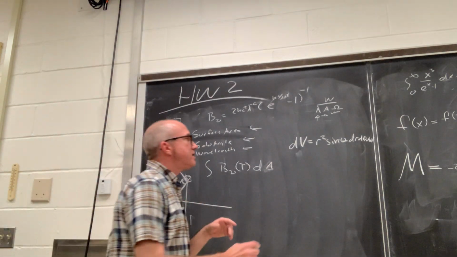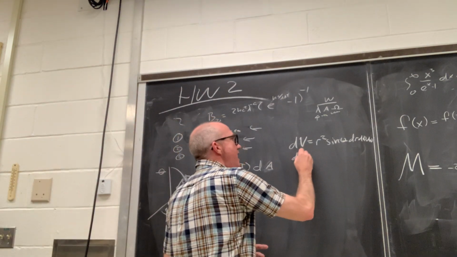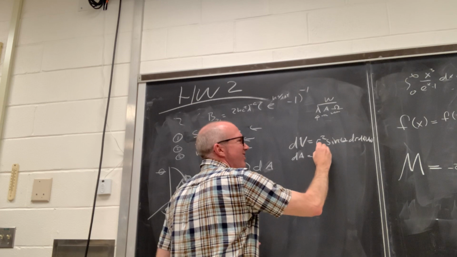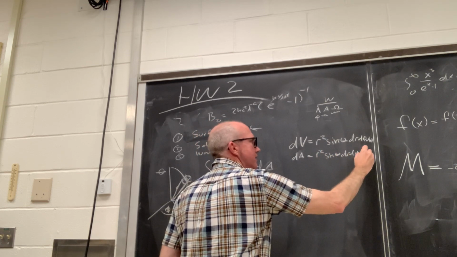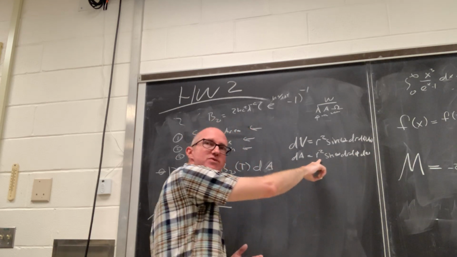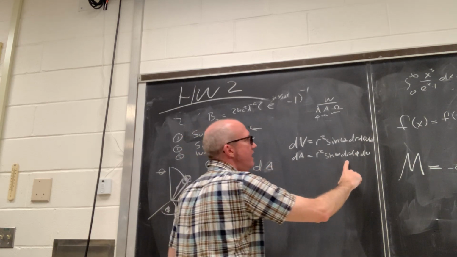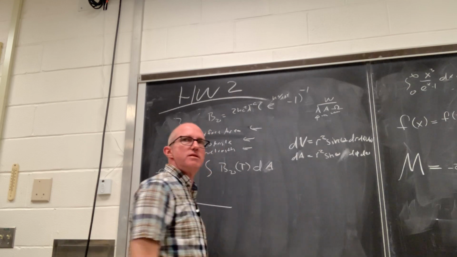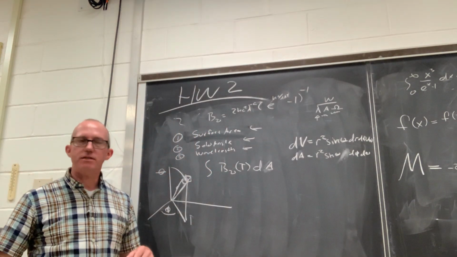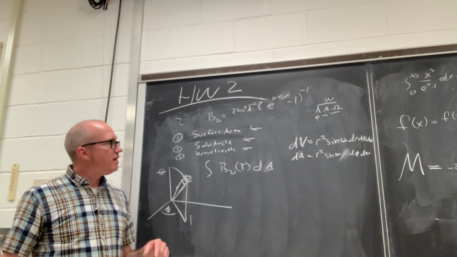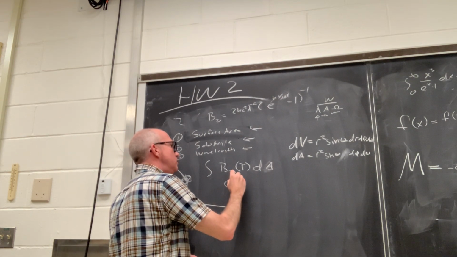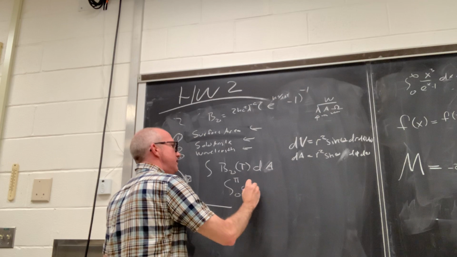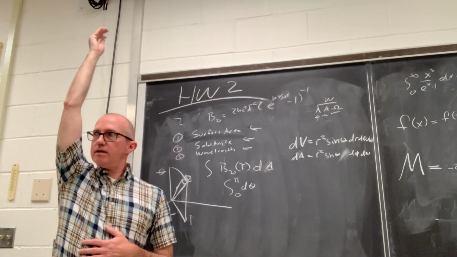But we're at a fixed radius, so dA is the same thing: r squared sine theta, dr, d phi, d theta. But this r is fixed now. I'm not integrating over it. And I don't have a dr anymore because we're not integrating over r. This is just a d theta. So this integral goes from 0 to pi d theta, because theta is the one that comes down from the top.